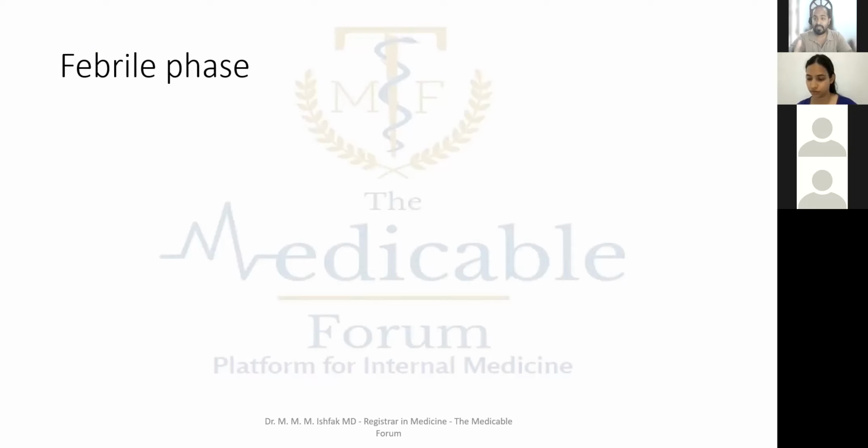This plasma leakage is the main problem-causing agent in dengue, because it depletes your intravascular compartment, leading to vital organ hypoperfusion, leading into multi-organ dysfunction syndrome. So dengue is quite dangerous if you don't monitor, if you do not support the leak, right? That is what we have to understand.